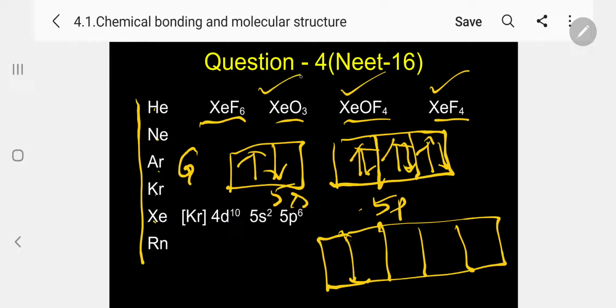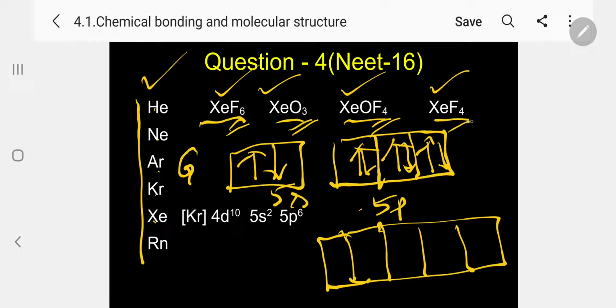Xenon is the central atom. Please follow. We know the configuration 5s2 5p6, which you have to memorize easily. I have already explained how to memorize: helium 2, 2 plus 8 is 10, 10 plus 8, like that. The electronic configuration is always s2p6 in inert gases. First find out how many atoms are attached to the central atom.